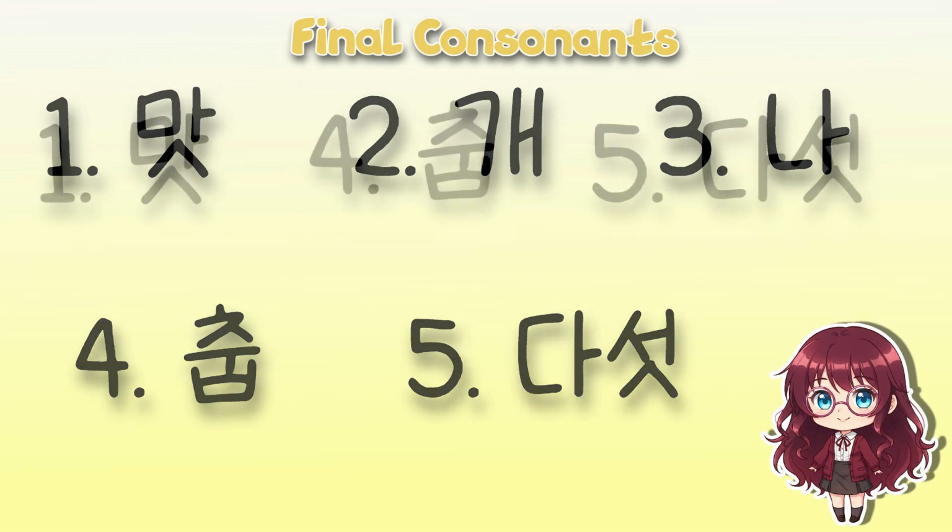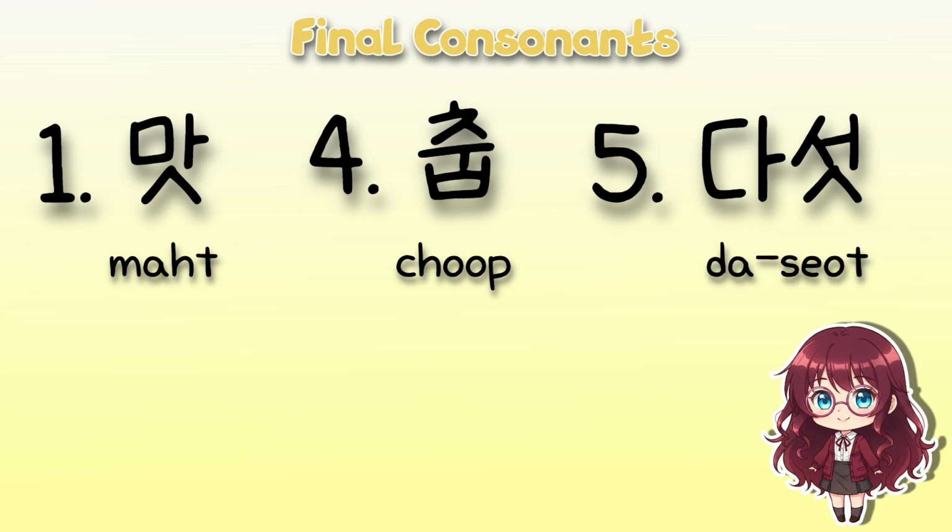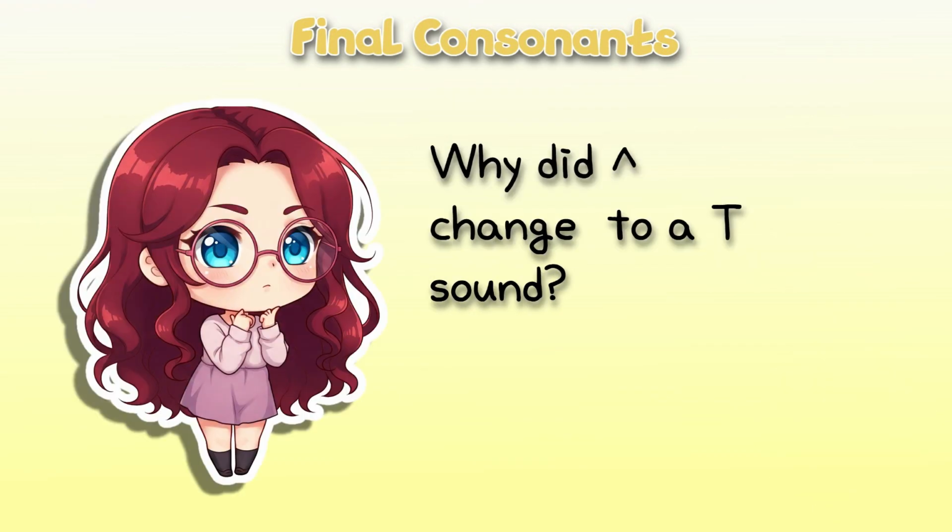The answers should be 1, 4, and 5. 1 is pronounced mat. 4 is pronounced chu. And 5 is pronounced tasot. You might be a little bit confused now why the shiot at the bottom has a different sound, and we're going to cover that.